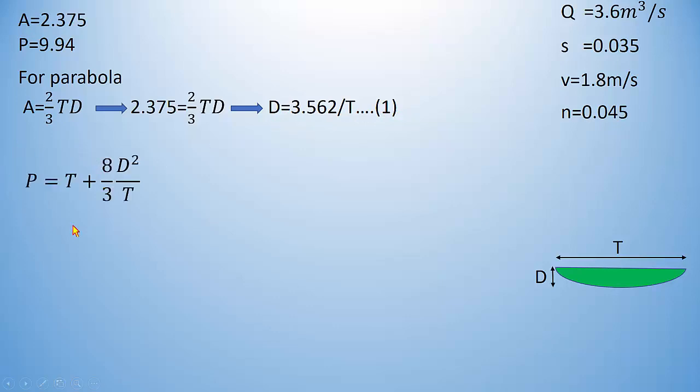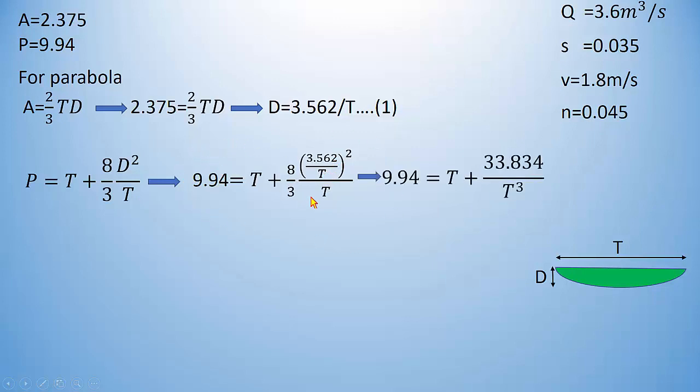Similarly, for perimeter there is a formula. So we apply this equation, and what we do is we substitute the value of d from equation 1 here, so d is replaced by 3.562 divided by t. Simplifying, we get an equation which is in fact a fourth degree equation in t, so we get 4 results for it.